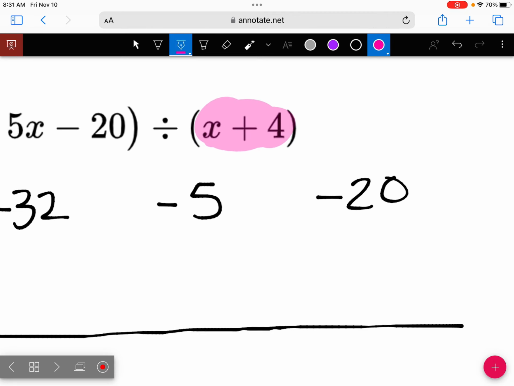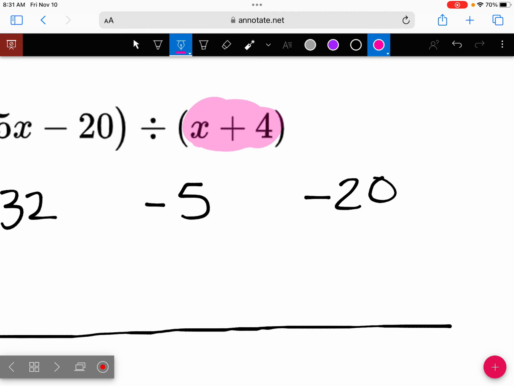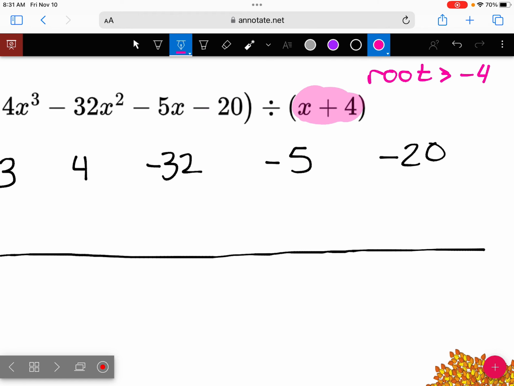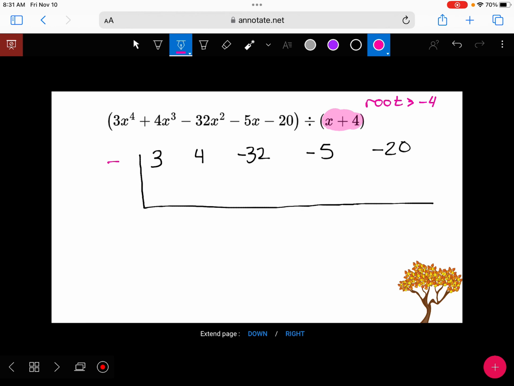If x plus 4 is our factor, what is our root? Negative 4. So negative 4 is what goes outside here. The biggest mistake I see in synthetic division is using the wrong number outside. It's gotta be your root for this. Don't just put a 4, it's negative 4.